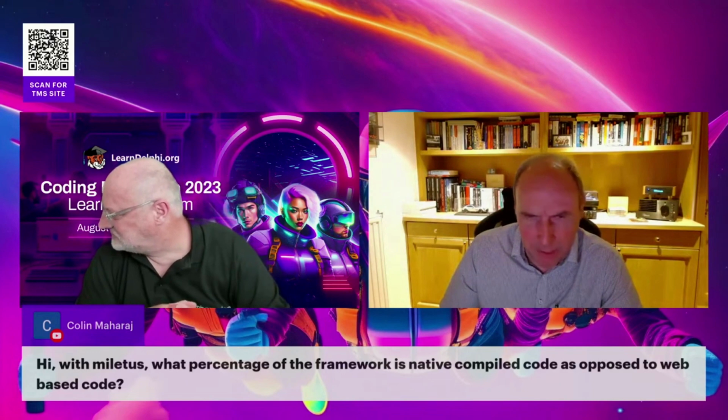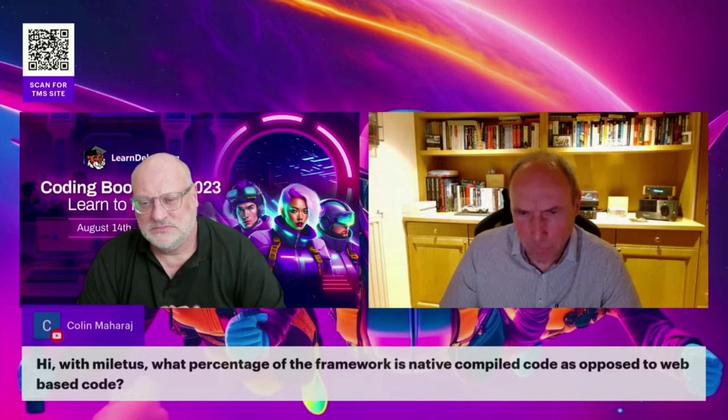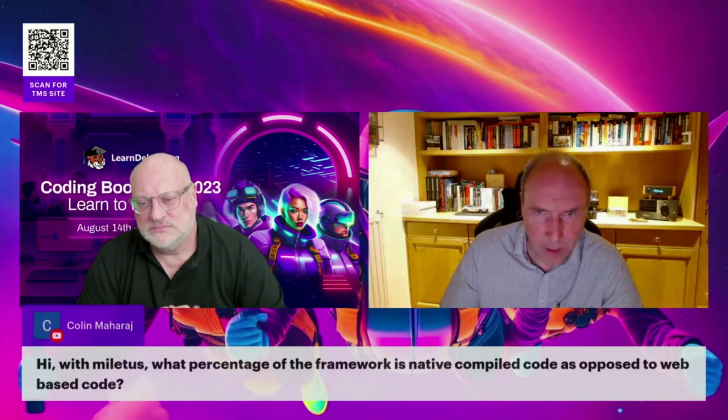Well, for good understanding, a Miletus application consists of a native shell application. Basically, the functionality of this native shell application is to host an embedded browser, because that's where the application that you built is actually running.